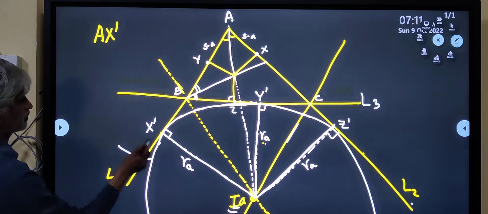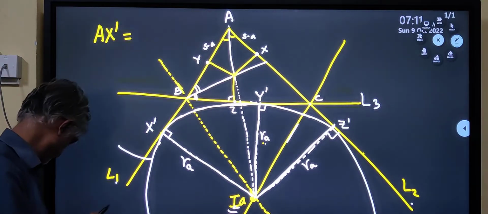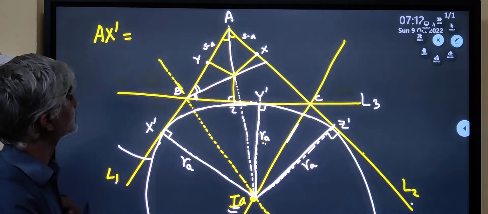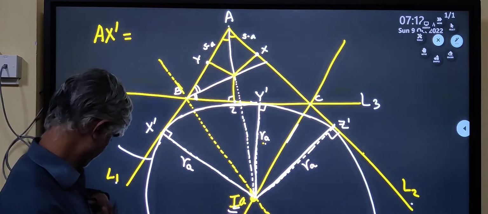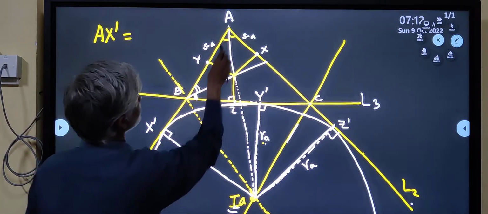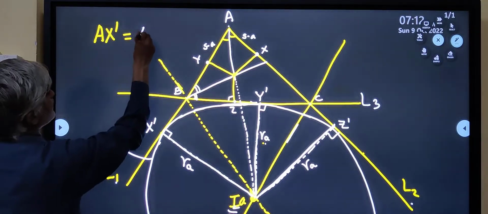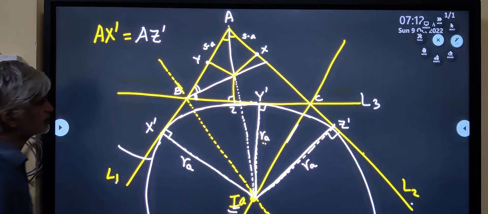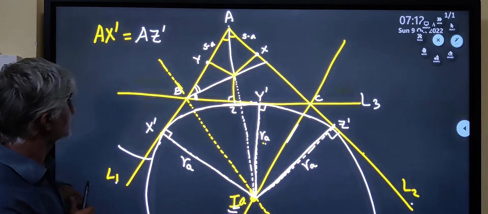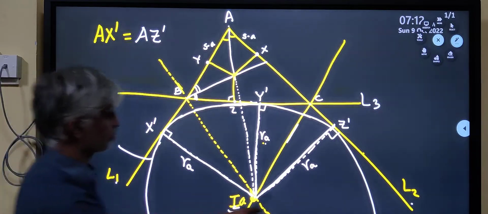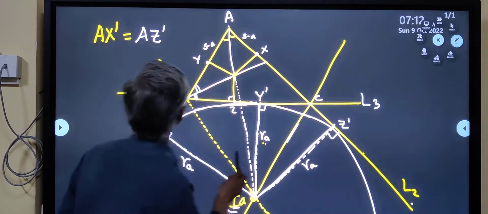Look at this picture here, AX dash is equal to AZ dash, and the reason is they are tangent segments. So that's the first nice calculation we are making, that these two lines L1 and L2 being tangent to the circle, AX dash is equal to AZ dash.